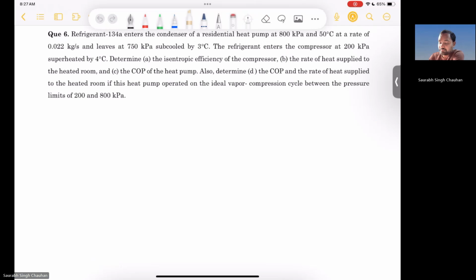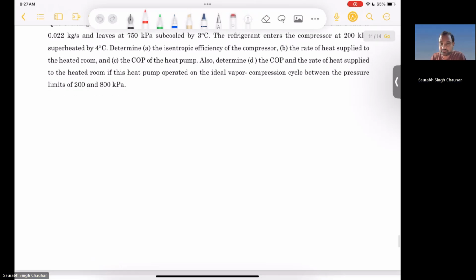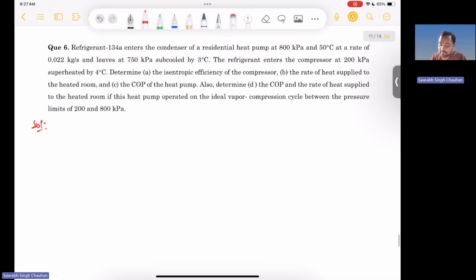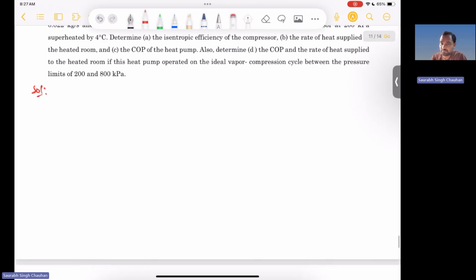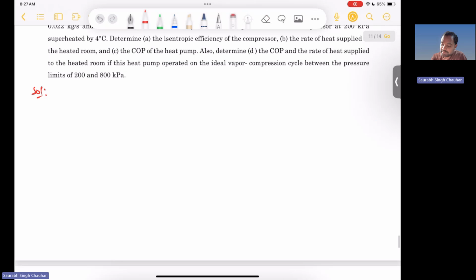So let us try to solve it quickly. I will not open the steam tables. Wherever the properties are required, I will write the direct values. You need the property table for R134A. Okay. So let us make the TS diagram first.